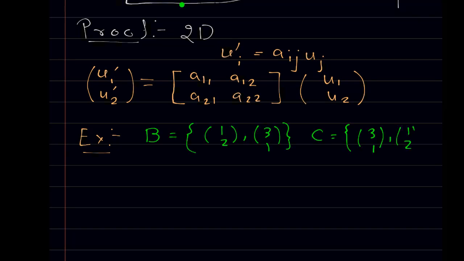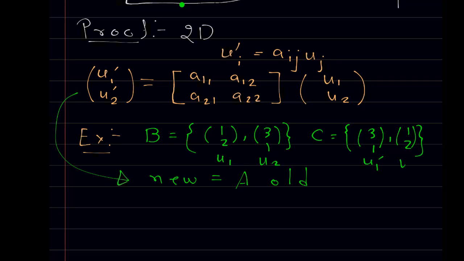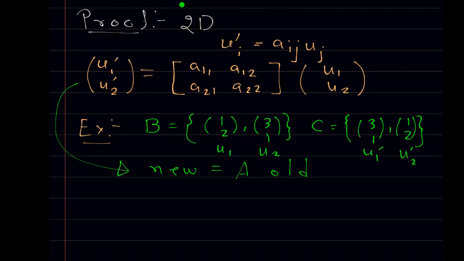So the new basis is equal to some matrix acting on the old basis. Let this be my u1, u2, and let this be my u1 prime, u2 prime. So C is my new basis. If C is my new basis, then I should write the transformation in this way that I have written.